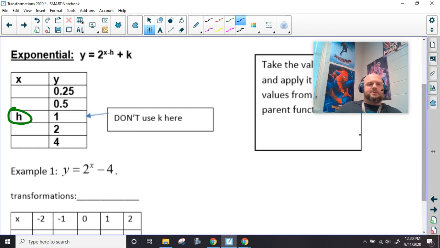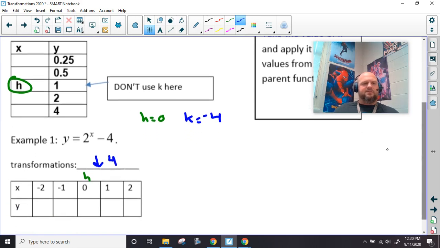All right. So if we look at this, H is 0. There's our H right there in the middle. And our K is -4. So this is basically, we're going to go down 4. To find this on my calculator, I'm basically going to take these numbers here and just subtract 4.